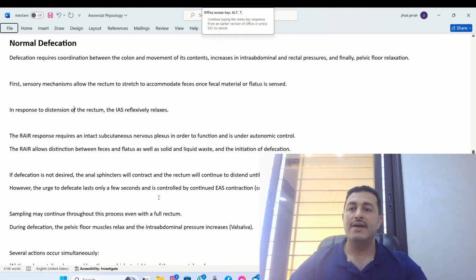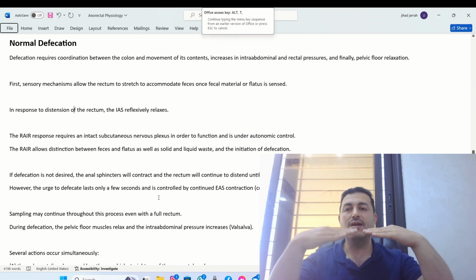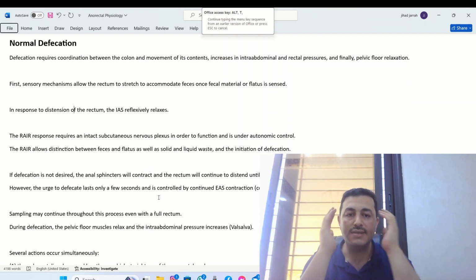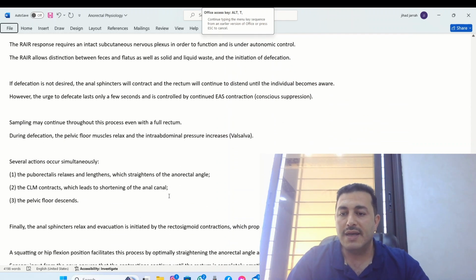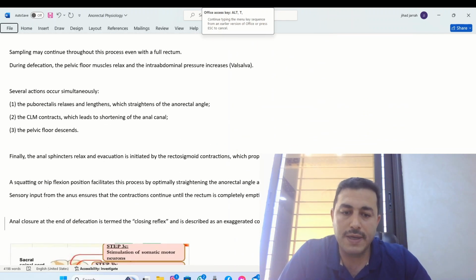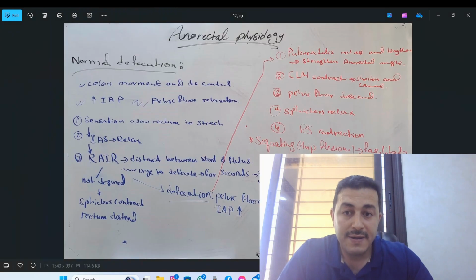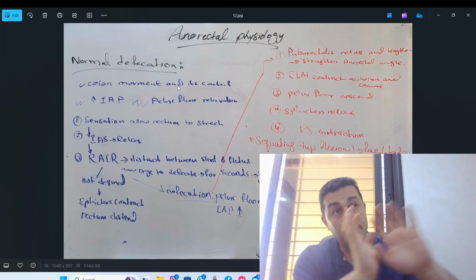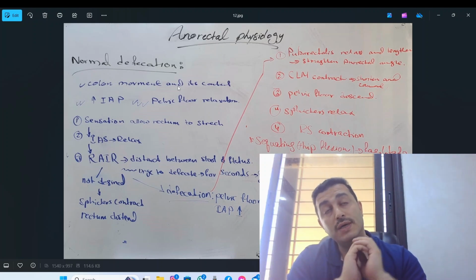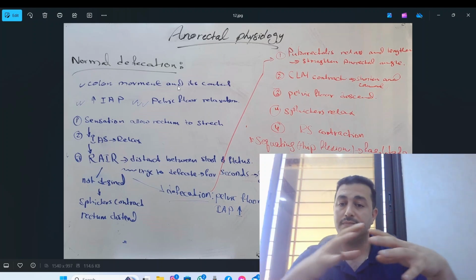We said the borderline between continence and defecation is the conscious suppression. This is a nice picture. Actually, before the picture, let's say that colonic movement will push the stool, or the content, toward the rectum.